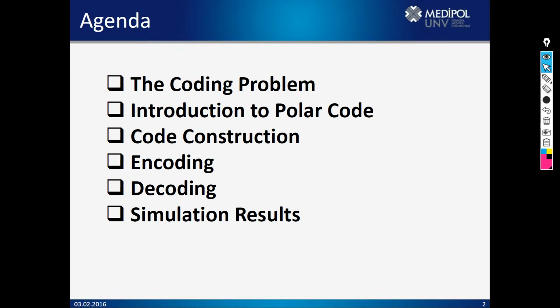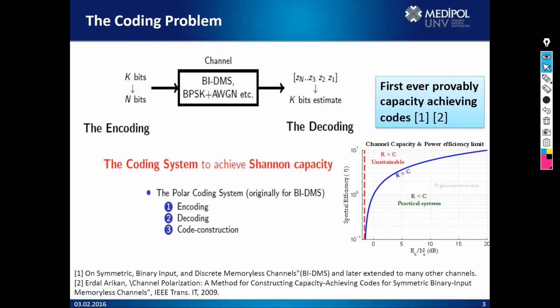You just put encoding and decoding and make it coexist with your code, and your performance will get better, hopefully. This is also another goal for us, to be able to integrate the MATLAB codes of polar coding with the existing MATLAB codes you have related to your algorithm or system.